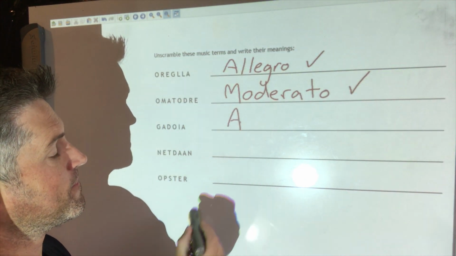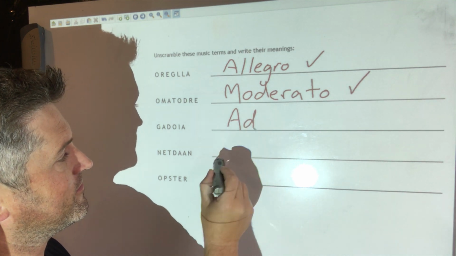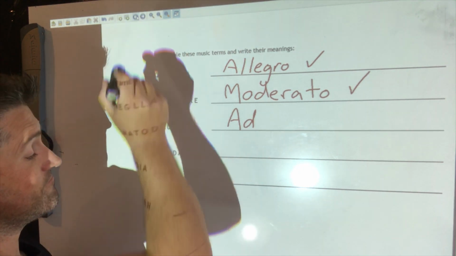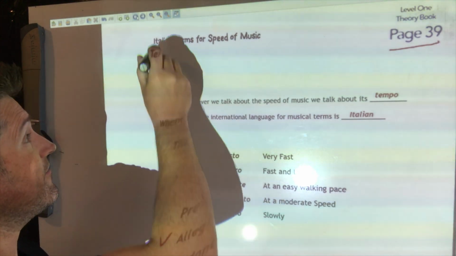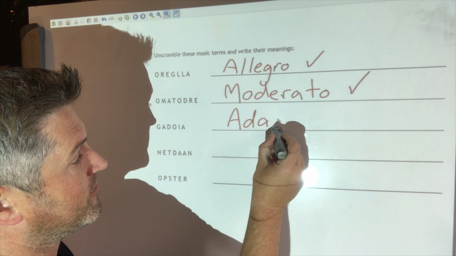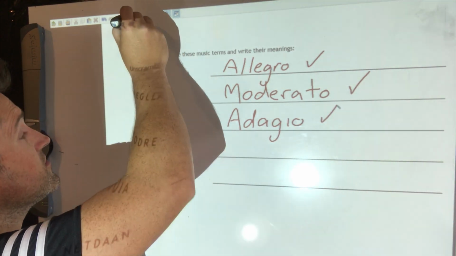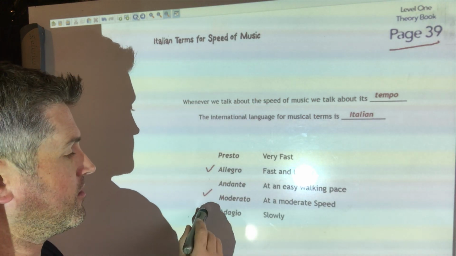Starts with A. Have you figured it out? There we go, adagio, which means slowly. Cool.